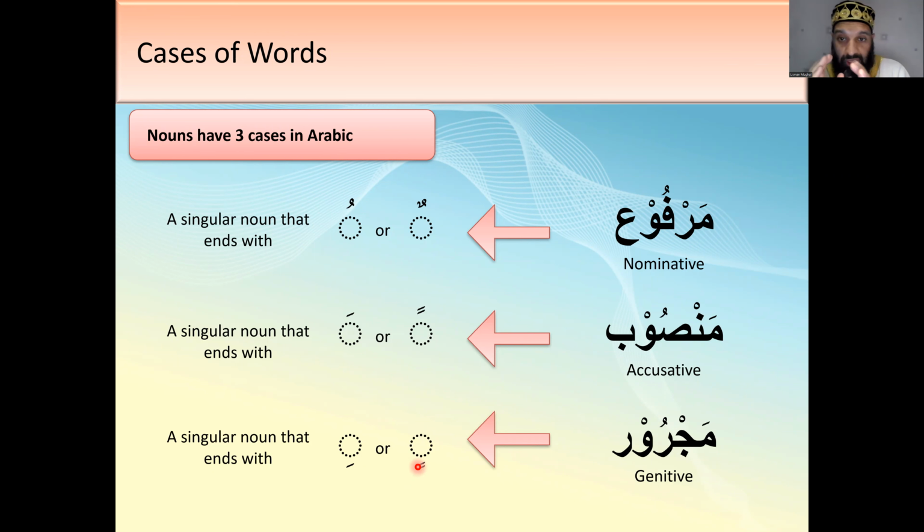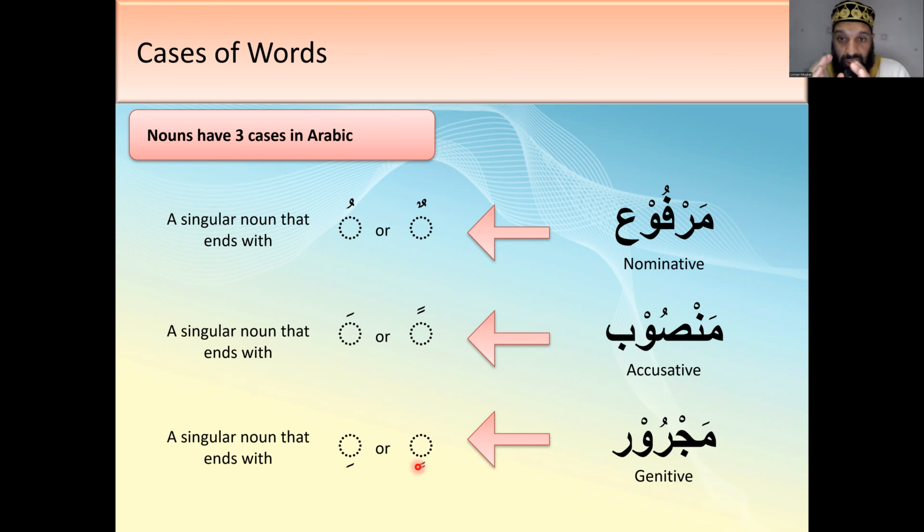So we did this. And we have to learn these cases because of lesson 5 or lesson 6, you can't translate a sentence if you don't know. You can't translate many sentences if you don't know this concept of cases. Somebody's asking, do you add ani for dual marfu? Yes.